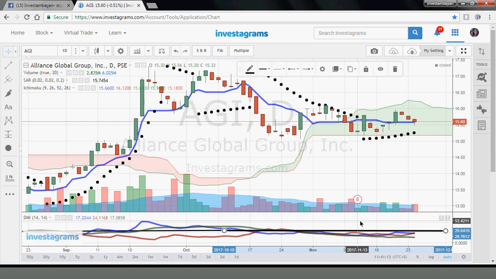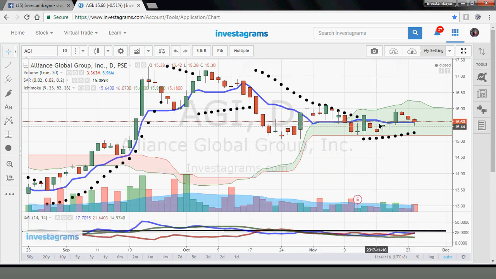Ranging pa din, sir. Ranging pa din, pero nakikita natin, confirm, consolidate siya sa loob ng cloud. So, hopefully, nasa 10 cancel naman siya, so possible na ito yung support niya, short-term support. Nakikita natin dito, si AGI, first parabolic na to. So, possible na tuloy-tuloy.